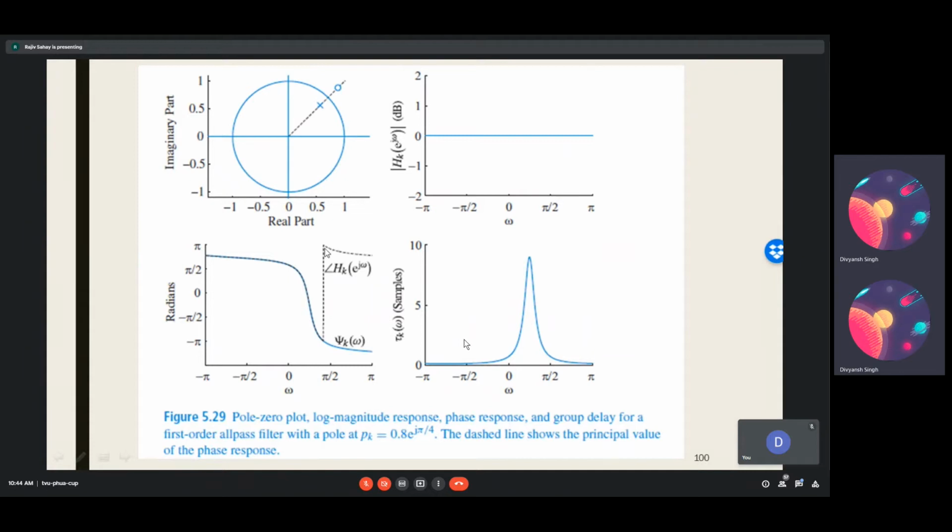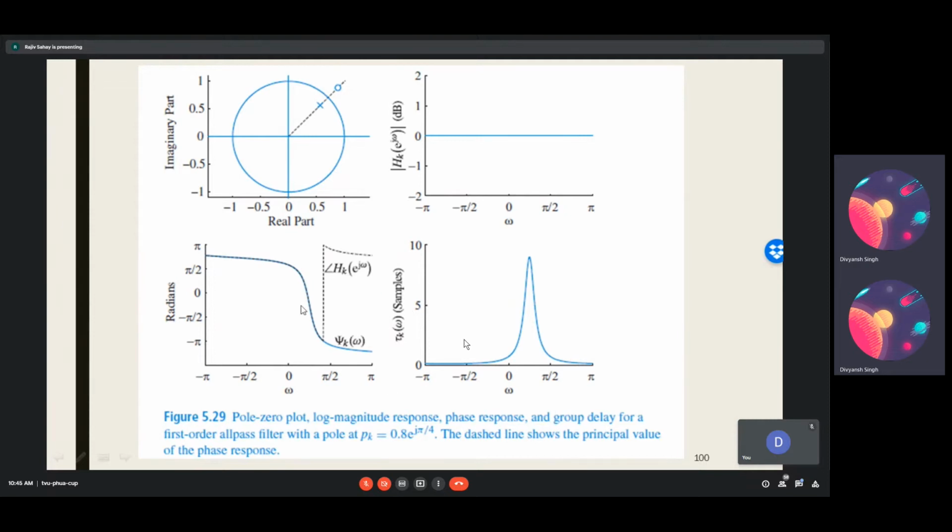If you remove this discontinuity and add this part of the function here, you will get this blue line. That is called unwrapping of the phase response. So in this example, you see that there is an unwrapping of the phase response.